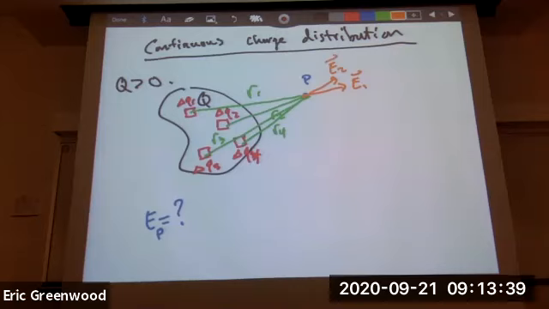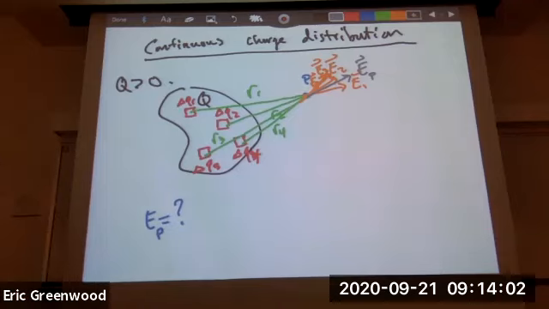E3 is going to be along this line, so this is E3. Finally, E4 would be something here, so this is E4. Then the total electric field will be the vector sum over all of these, which means my total electric field will point something like this. It's going to be E at point P. So this is the vector sum over all these guys.